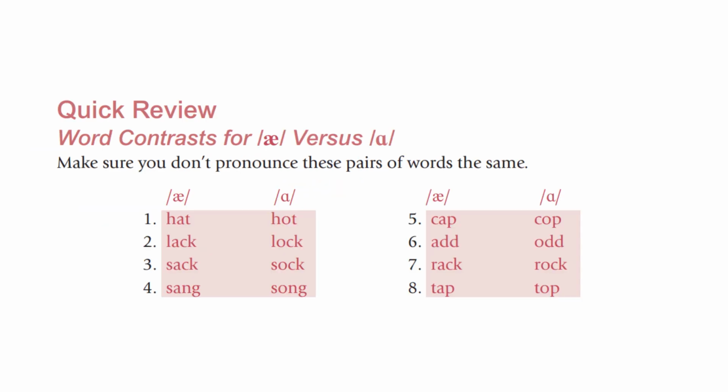Quick review. Vowel contrasts for a and ah. Make sure that you don't pronounce these pairs of words the same. Hat, hot. Lack, lock. Sack, sock.